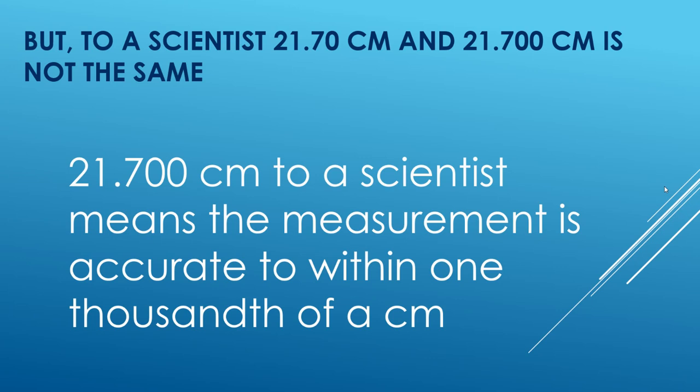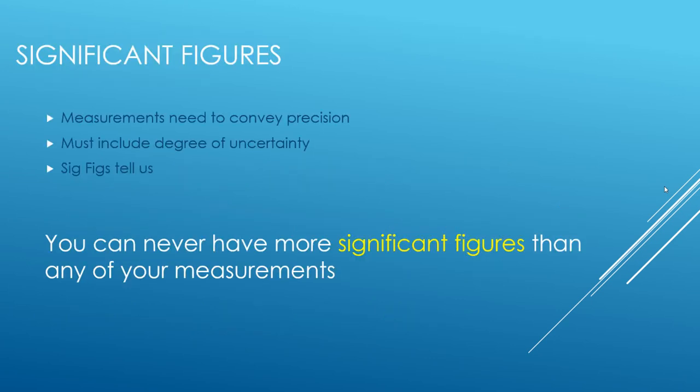The 21.70 would be accurate to within 100th of a centimeter. So they are two different values. Significant figures are used to convey to the reader the degree of precision that was used to measure the data. The last digit represents the uncertain or estimated part of the measurement.